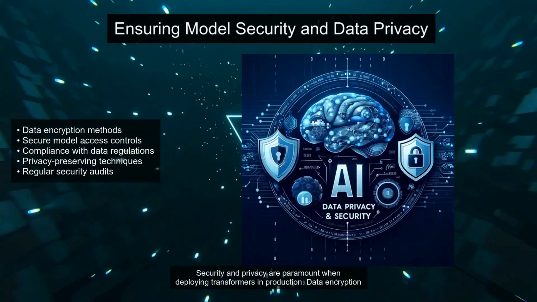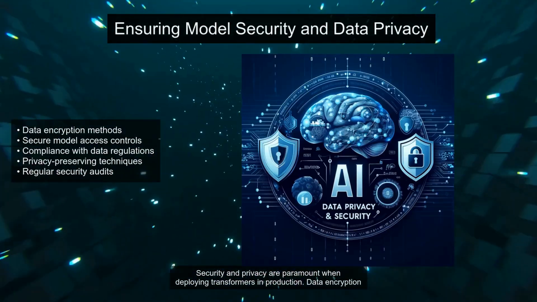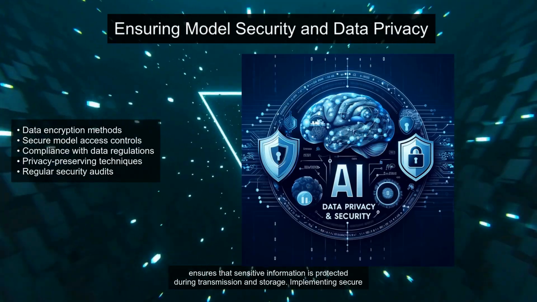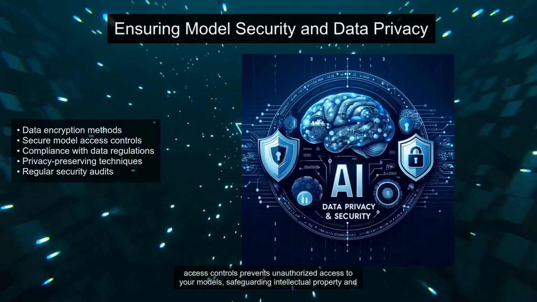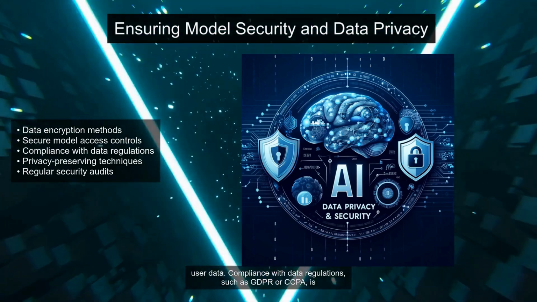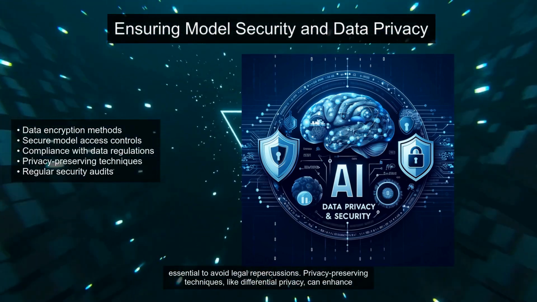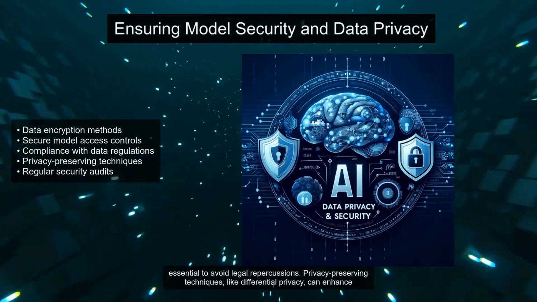Security and privacy are paramount when deploying transformers in production. Data encryption ensures that sensitive information is protected during transmission and storage. Implementing secure access controls prevents unauthorized access to your models, safeguarding intellectual property and user data. Compliance with data regulations, such as GDPR or CCPA, is essential to avoid legal repercussions.